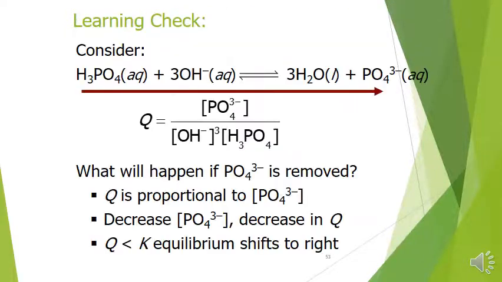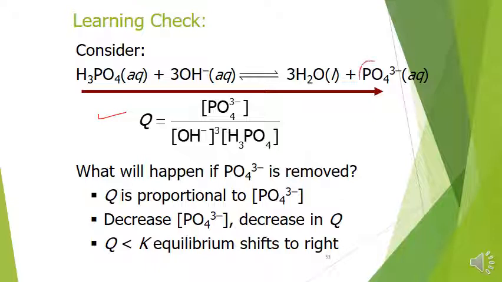Okay, so let's go over an example here. Here's a chemical reaction, and you can write the reaction quotient. And remember, this is at any time, not necessarily at equilibrium. When it's at equilibrium, Q is equal to K. What will happen if PO4 3 minus is removed?